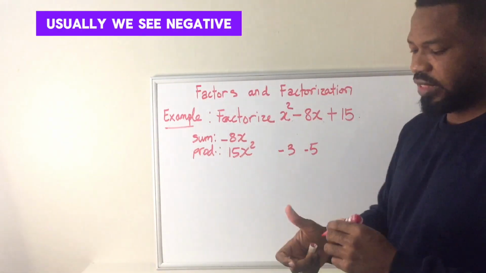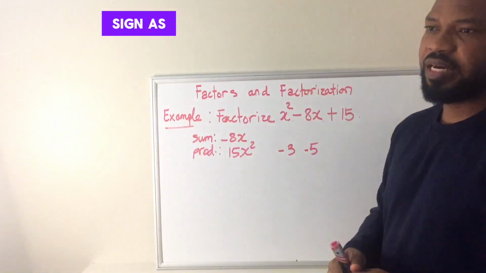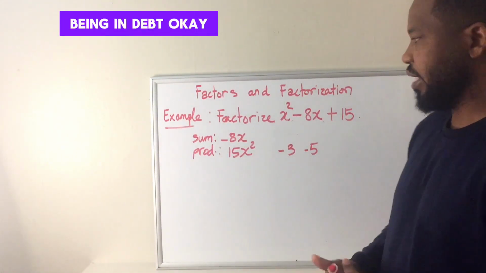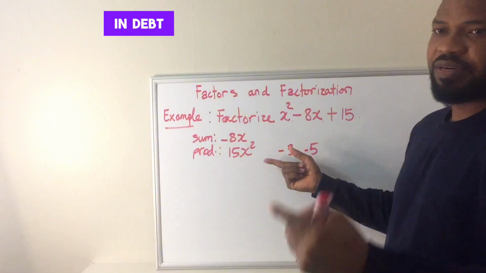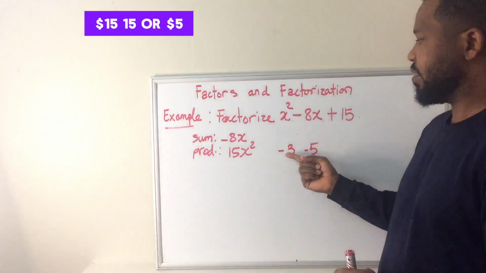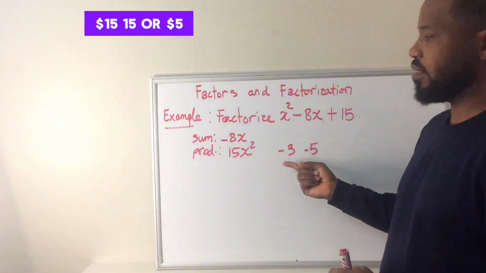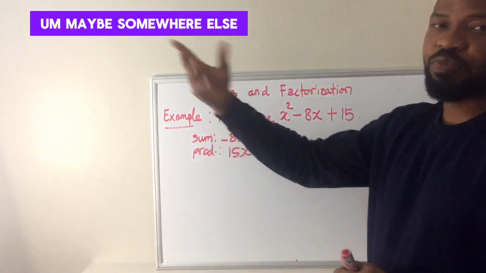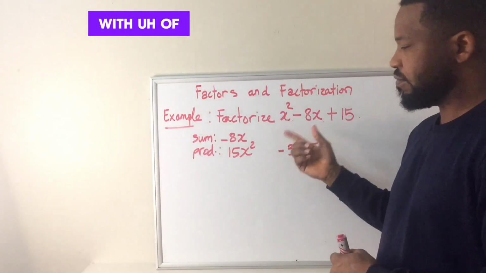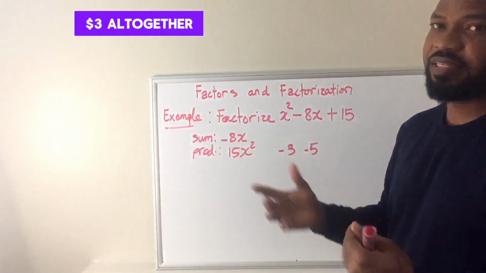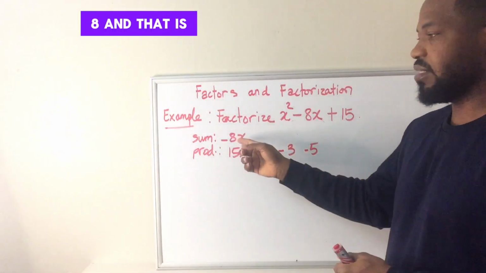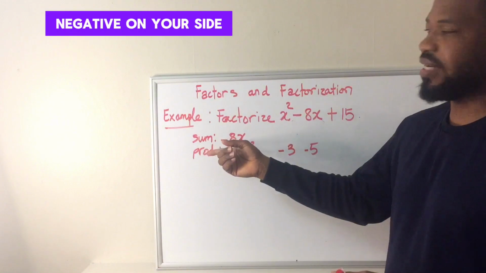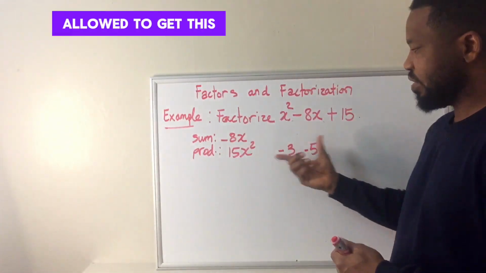Usually we see a negative sign as being in debt. If you are in debt of $5, and you are also in debt somewhere else of $3, altogether your debt adds up to 8, and that is negative on your side. So that is also another way to get this.